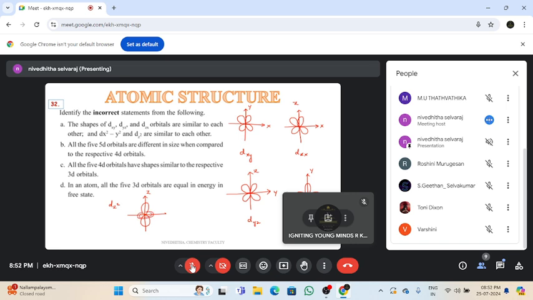So among these five orbitals, dxy, dyz, dzx and dx square minus y square, these four orbitals have the same shape. But here the statement says dxy, dyz, dzx are similar to each other, and dx square minus y square and dz square are similar to each other. Obviously, the statement is false. You guys got my point?